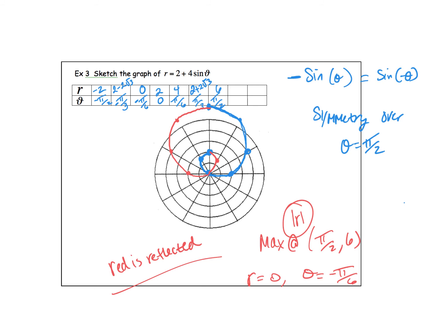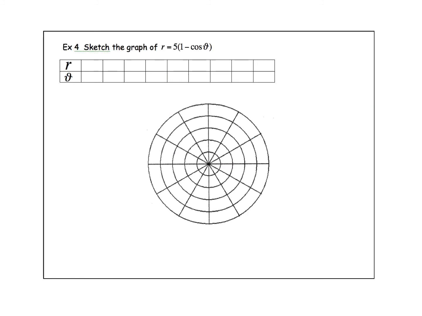Okay? Can you explain again how you knew the symmetry was pi over 2? Yes, I can. Let me stop the video. So when we're plotting r equals 5 times 1 minus cos theta, it is going to be the same whether theta is positive or negative.